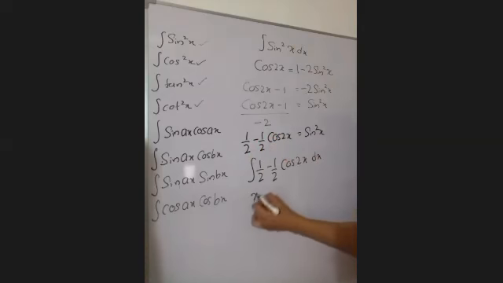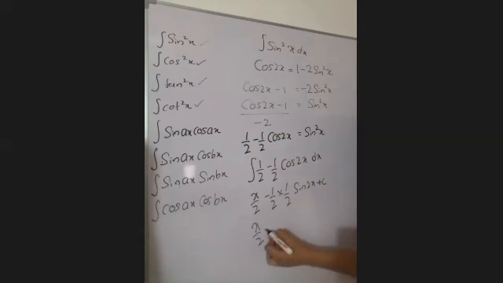Then this is x over 2 minus 1 over 2 into 1 over 2 sine 2x plus c. That is x over 2 minus 1 over 4 sine 2x plus c, the answer for this. That is how it comes.